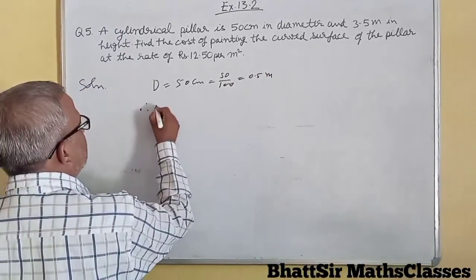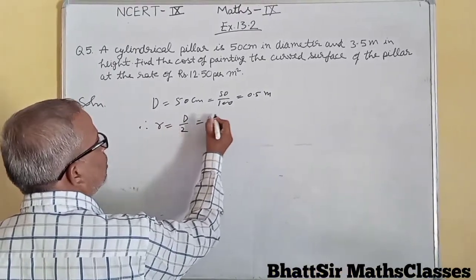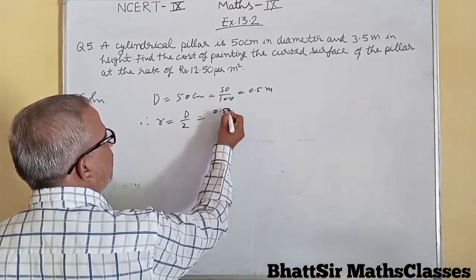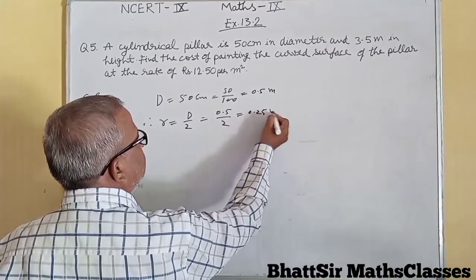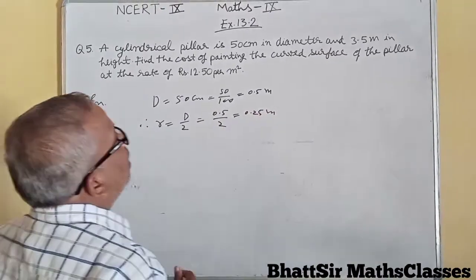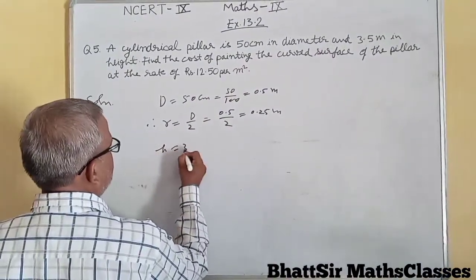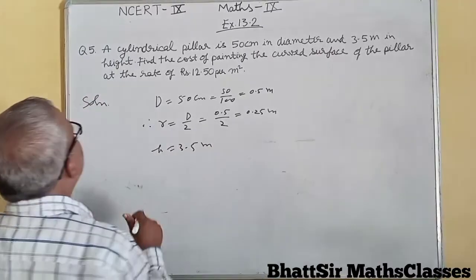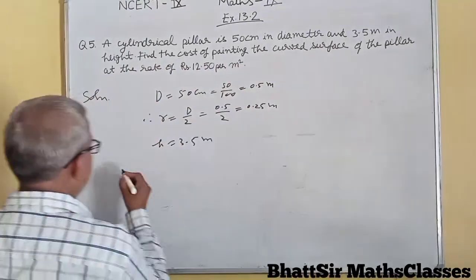So therefore radius equal to diameter upon 2. It means 0.5 upon 2, 0.25 meter, and 3.5 meter in height. H equal to 3.5 meter. Find the cost of painting the curved surface of the pillar.